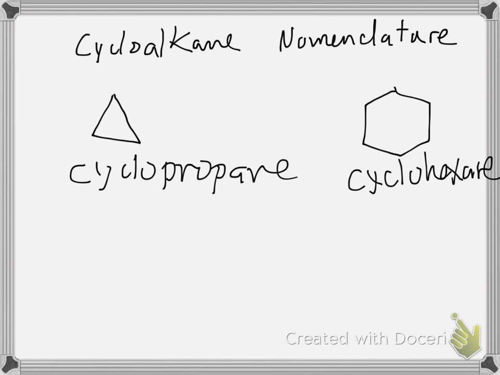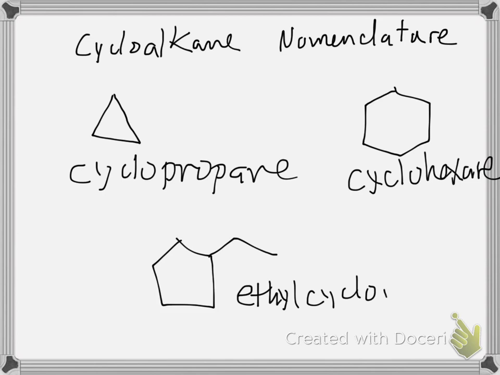So for instance, if I have that ring with that substituent, this would be called ethylcyclopentane. I don't have to specify the position on the ring because there's only one substituent.